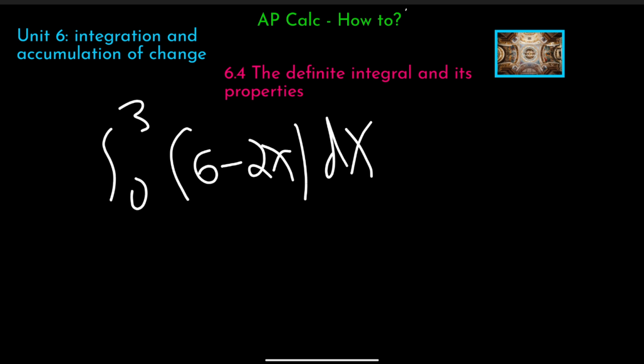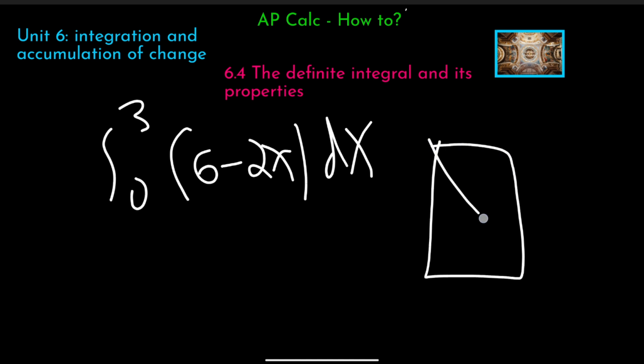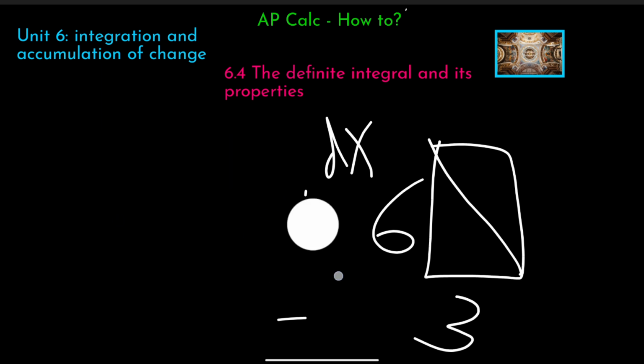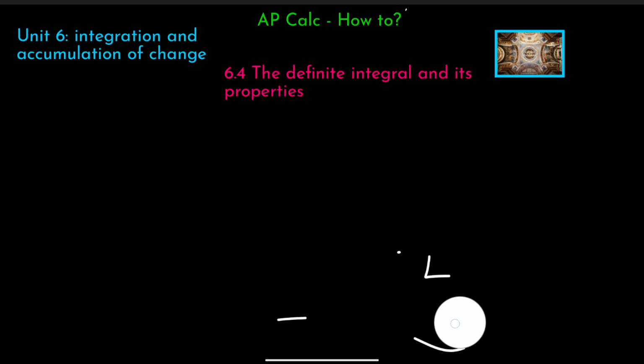At x equals 3, the height is 0. So this forms a right triangle with base 3 and height 6. So our area is 9. We sketched the function, figured out what it looks like, and were able to draw a triangle based off of it.